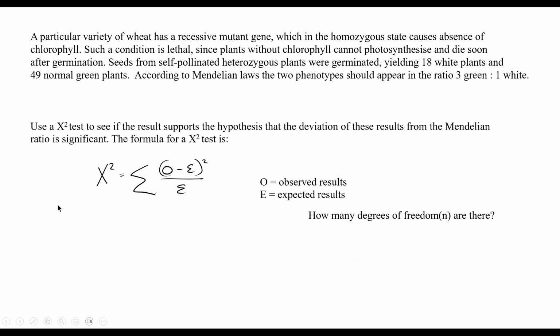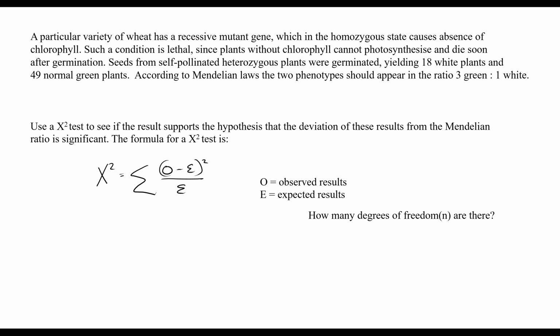So let's have a look and see what they are going to ask us to do. Well, they're asking us to carry out a chi-squared test. So they want to see whether our observed frequency, i.e. our 18 white and 49 green plants, actually follows Mendel's law of independent assortment. So let's look at this.